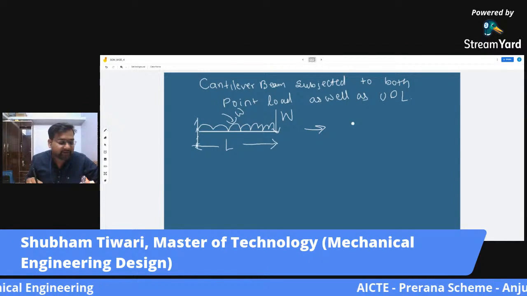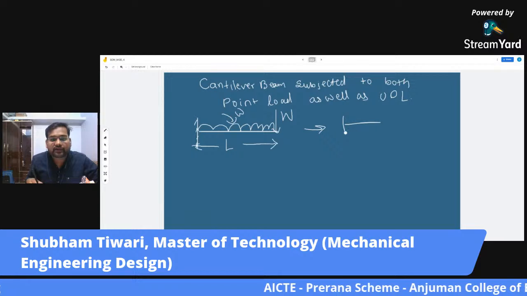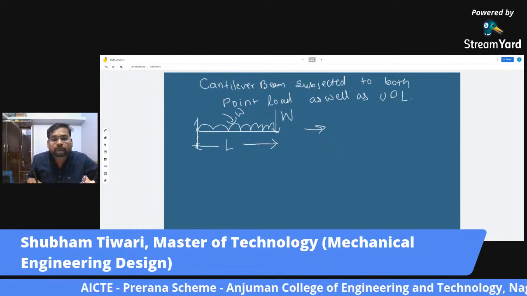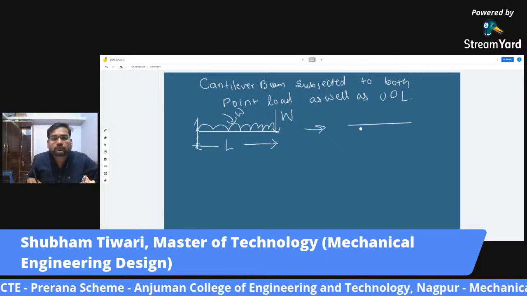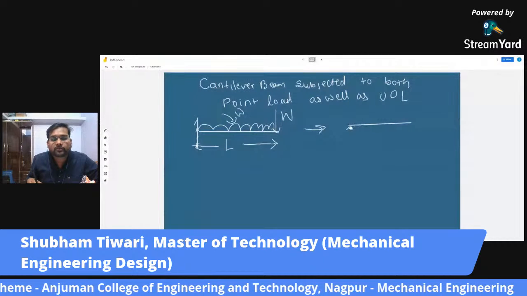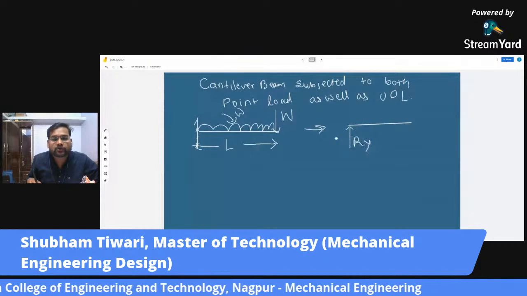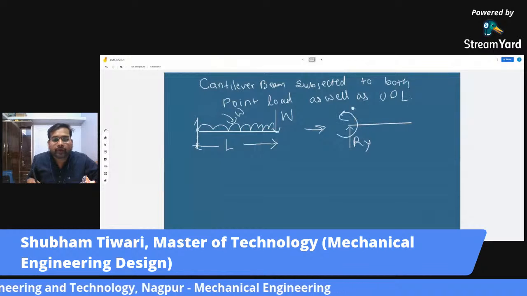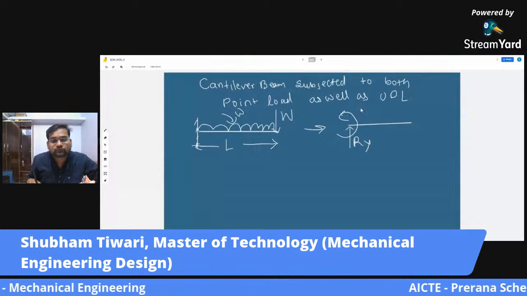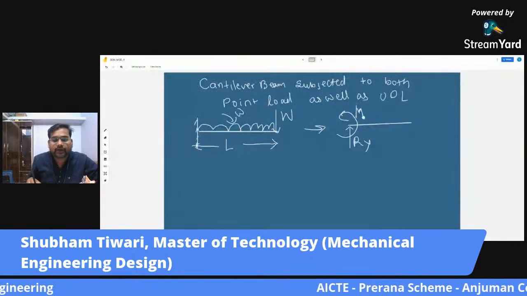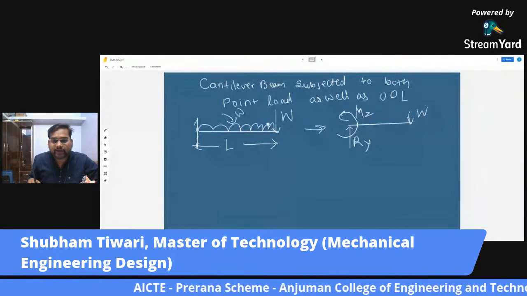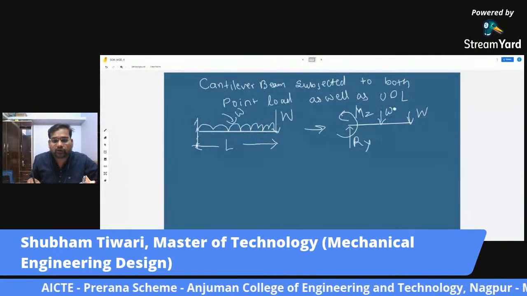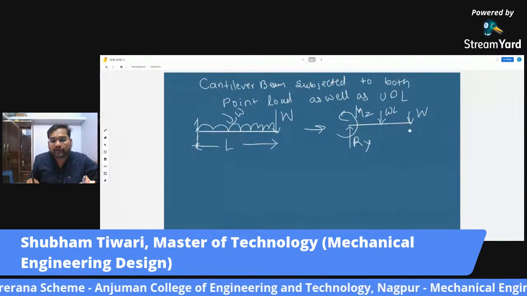So go for the kill. What is the kill? FBD is the kill. There should be a reaction in the y direction and there should be a moment about the z axis. One load is at this end, the other load will be acting at the center with magnitude w into L. Now do summation Fy equals to 0.